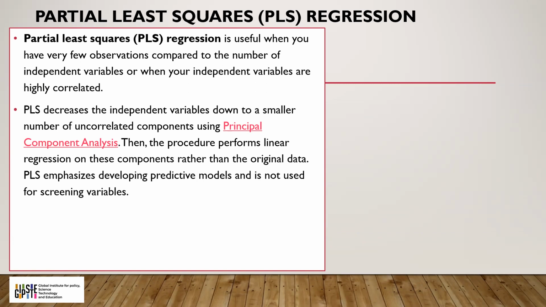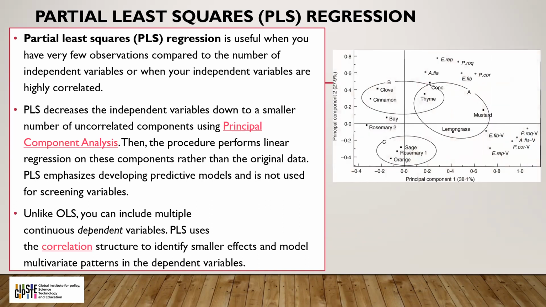Partial least squares regression reduces the independent variables down to a smaller number of uncorrelated components using principal component analysis. Then the procedure performs linear regression on these components rather than the original data.